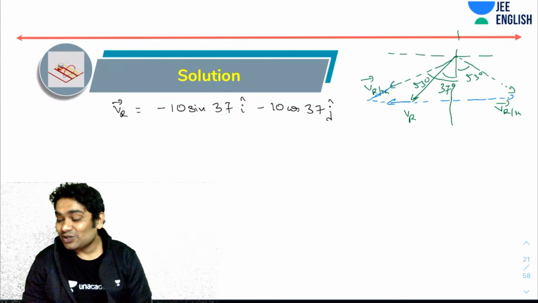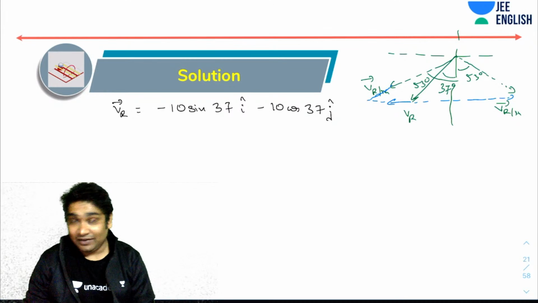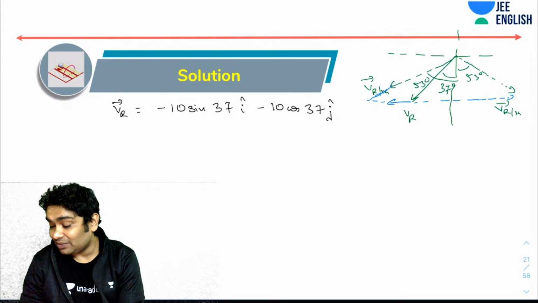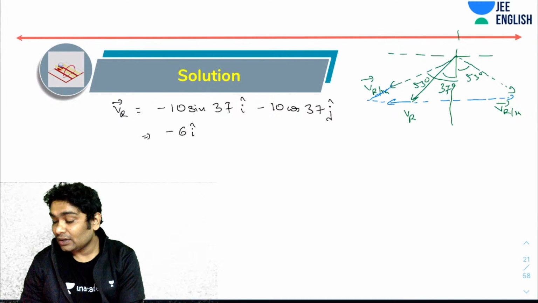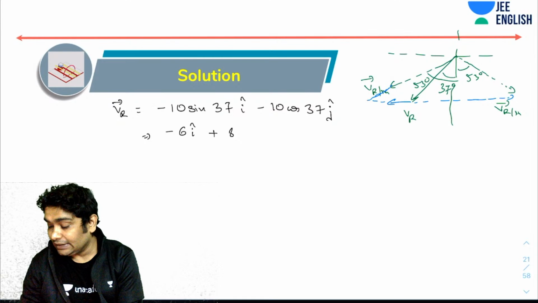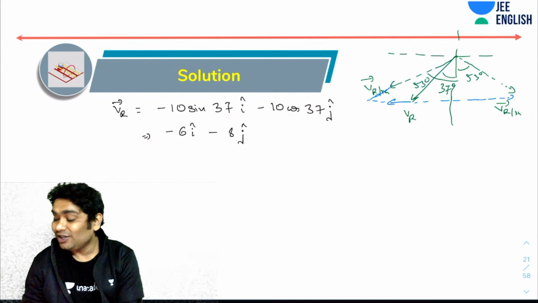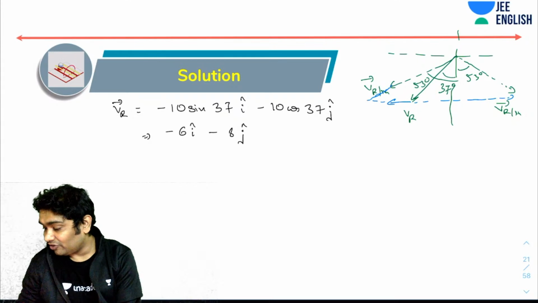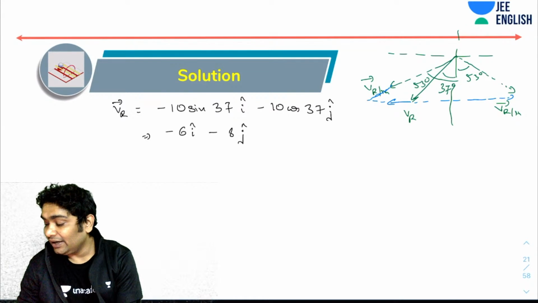Okay. So sin of 37 is 3 by 5. So 3 by 5 of 10 would make this minus 6 i cap. And then you have cos of 37, that is 4 by 5. So that would make this minus 8 j cap. So if this is the velocity of man, you realize that this entire side would have been 6 plus v of man, and this would have been 8.